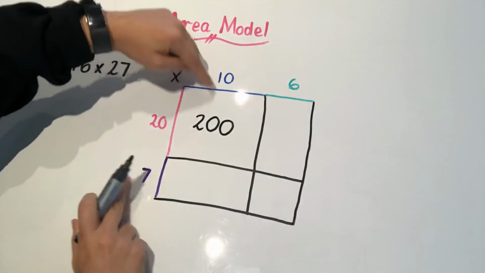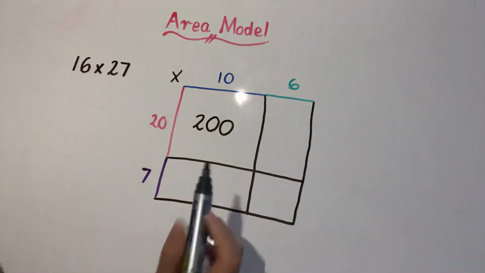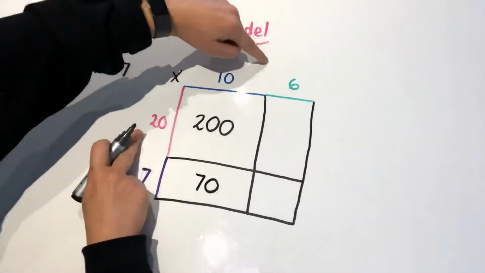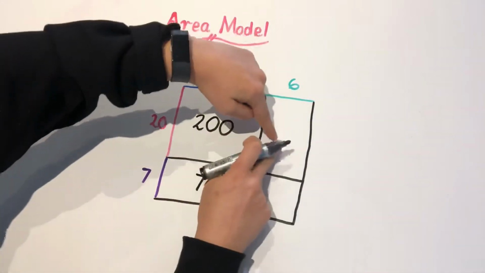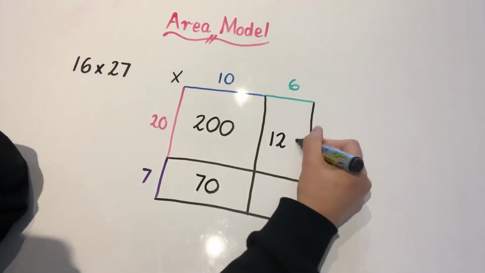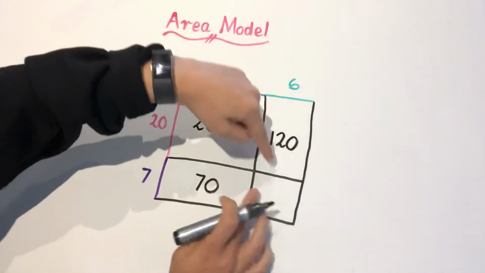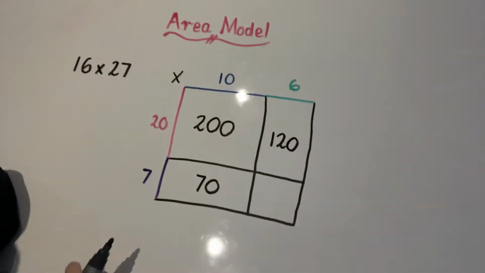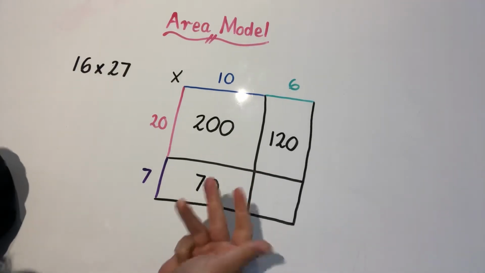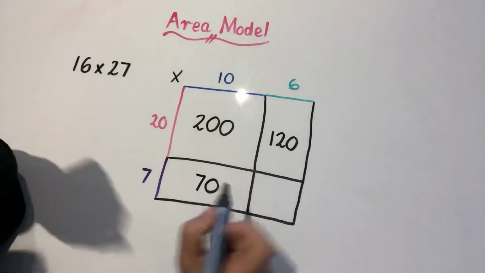I'm then going to do 10 multiplied by 7, which is 70. 2 multiplied by 6 is 12, and I need to then add that 0 on. And then 6 multiplied by 7, which I can skip count. 6, 12, 18, 24, 30, 36, 42.